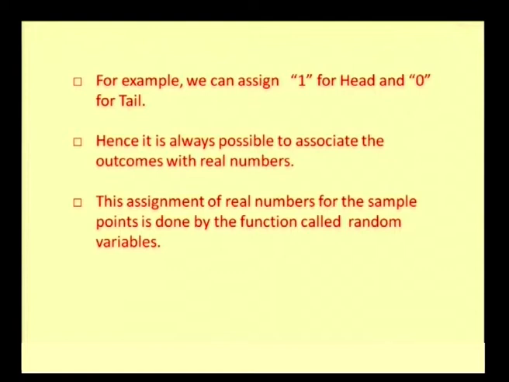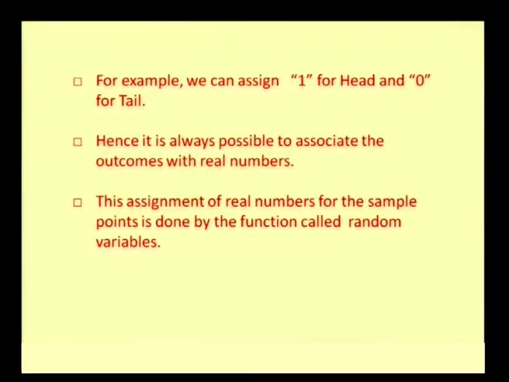So, it is always possible to associate the outcomes with some real numbers. This kind of association of outcomes with the real numbers is done by the function called random variable. Actually, random variable is a function. Basically, what do you know about a function?